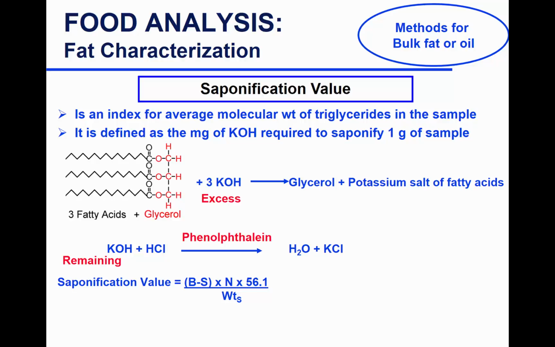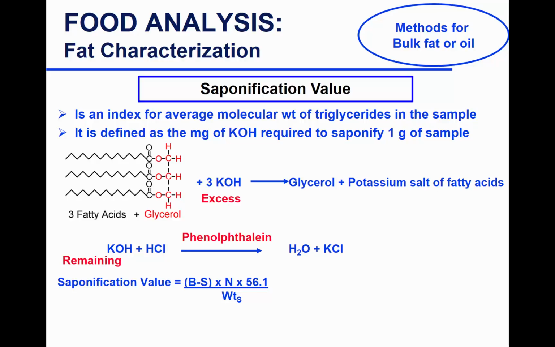The more number of moles you have, that means more KOH will be absorbed, right? Because in 1 gram of fat, if you have more number of moles, what's number of moles?